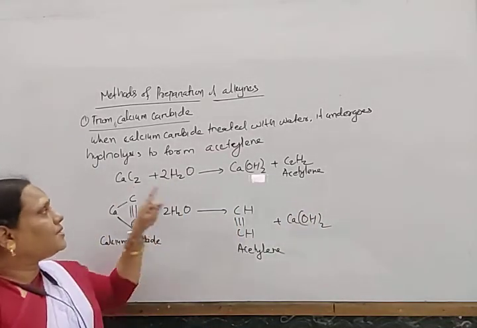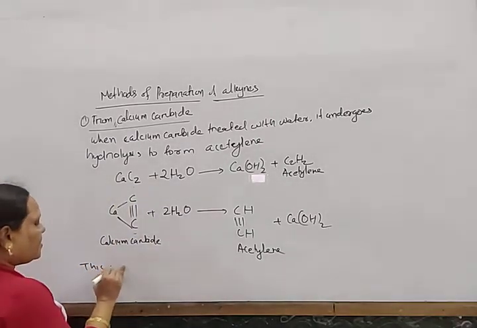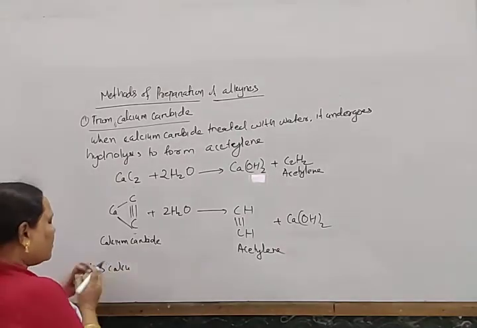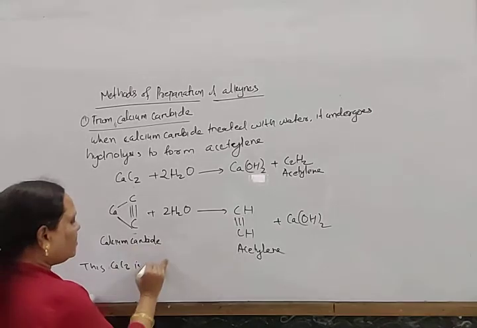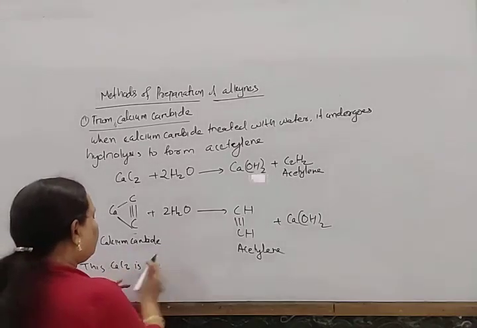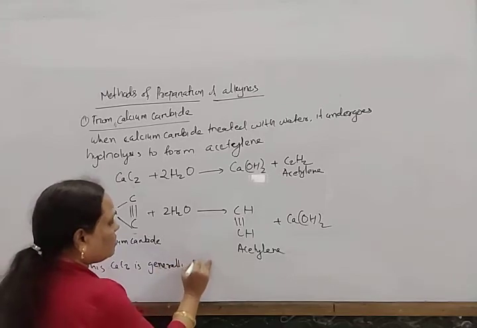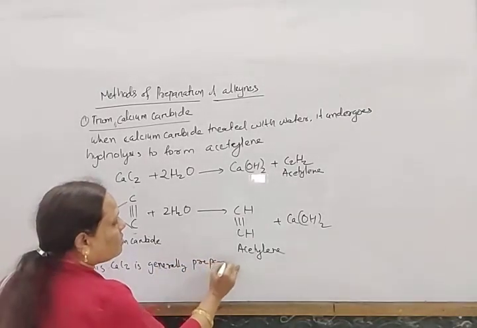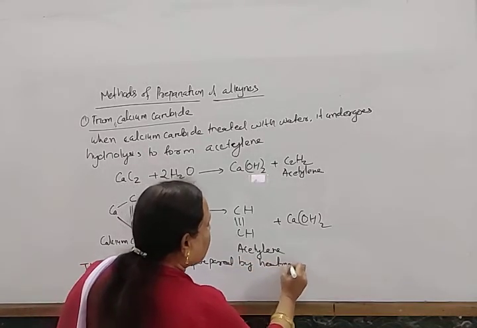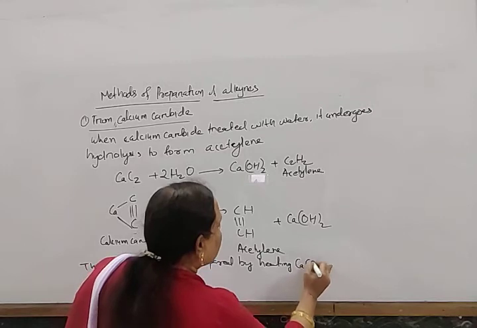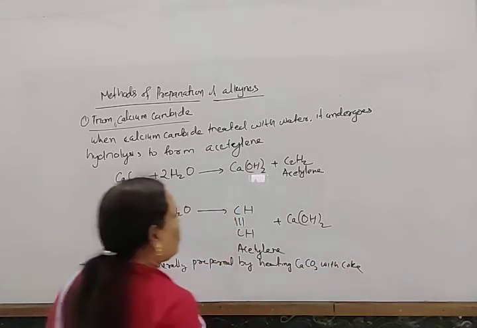And how is this calcium carbide formed? Calcium carbide is generally prepared by heating calcium carbonate with coke.